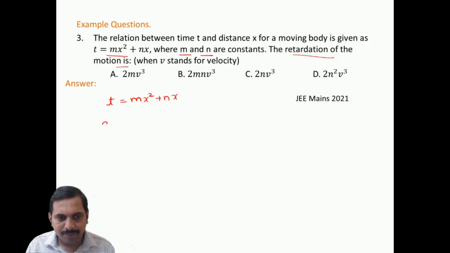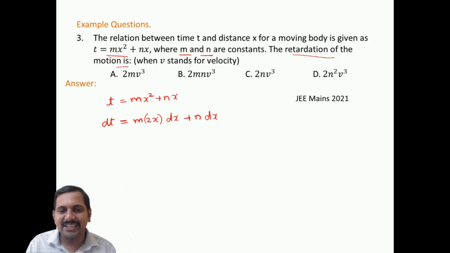We will get dt is equal to m into 2x dx plus n dx. This way of differential element type of differentiation will save a lot of mistakes. Now let us take dx outside and bring it to the denominator of the left hand side.